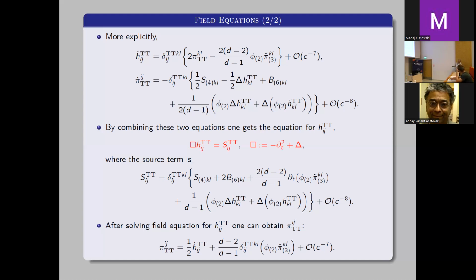And for example, only on this level, in fact, you can recognize that the leading order hTT is at c^-4. I haven't mentioned that these numbers in parentheses denote the order in c^-1. So hTT(4) means that this quantity is of the order c^-4. Pi(2) means that it is a quantity of the order c^-2, and so on.